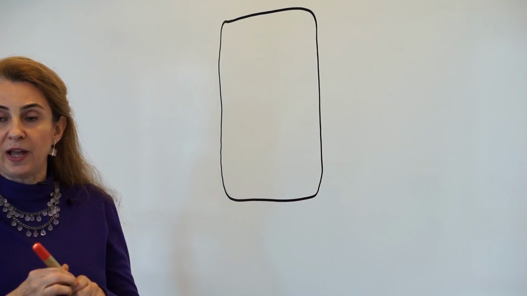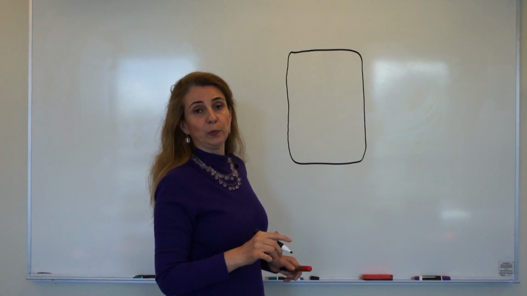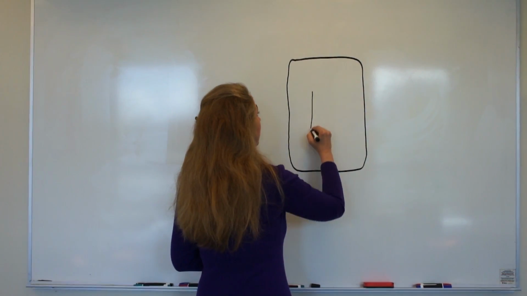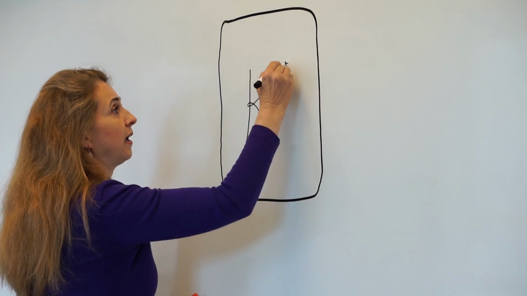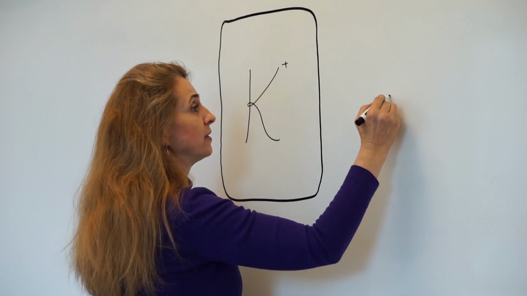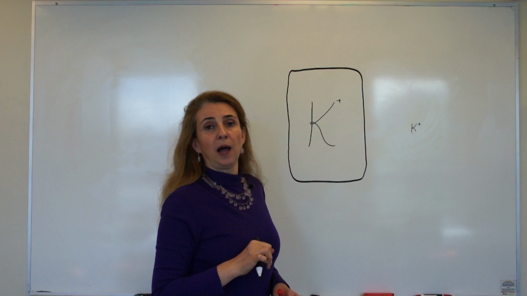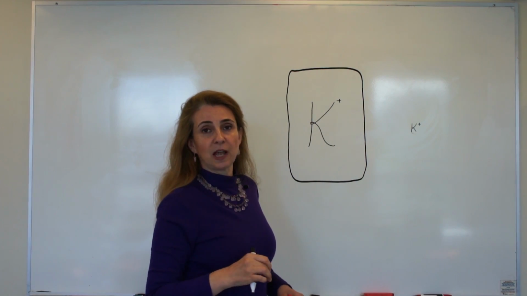We all know that the level of potassium in the cells is high and the concentration or level of potassium outside the cells is low. So I try to represent this with the size of the letters.